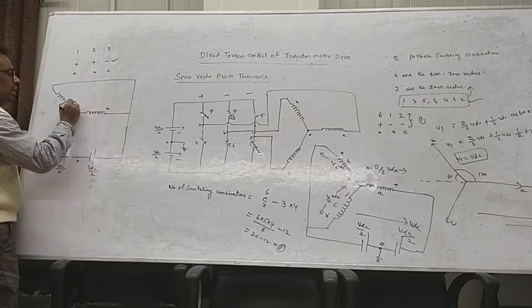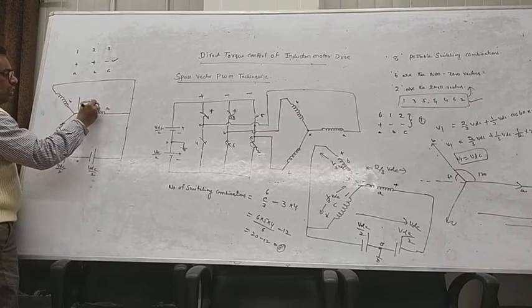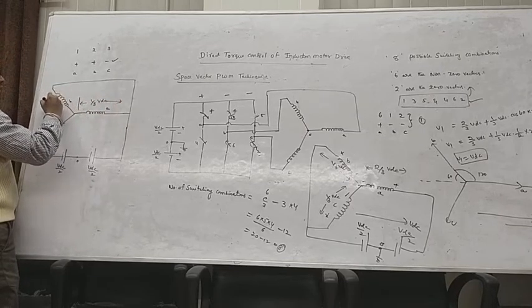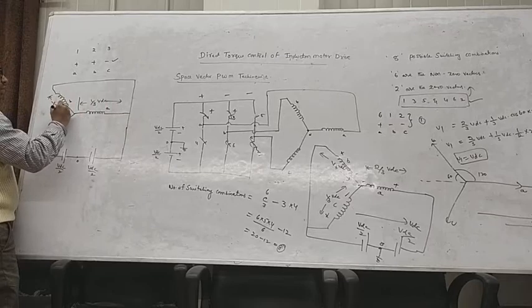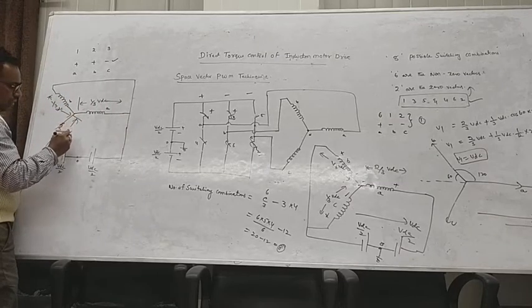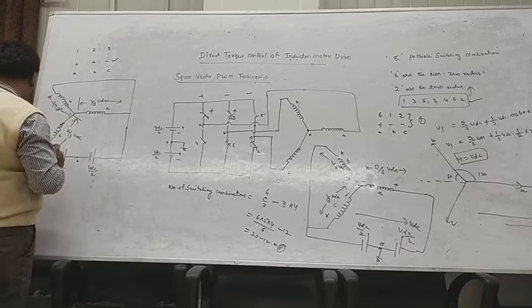So this is A phase, B phase, C phase, and this voltage magnitude is 1 by 3 times of VDC, this magnitude is 1 by 3 times of VDC, and this magnitude is 2 by 3 times of VDC.